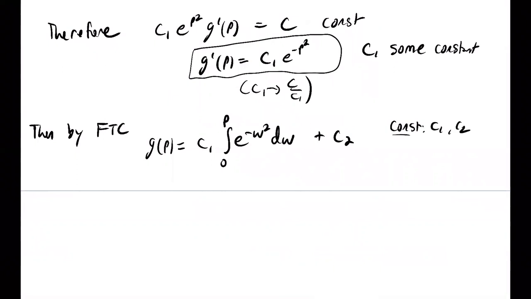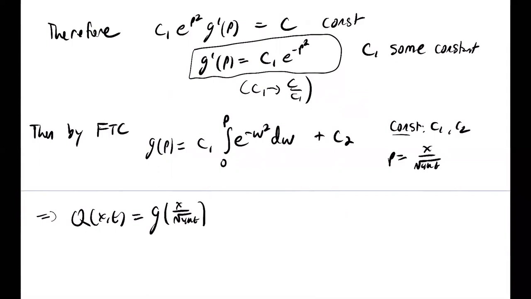And so at this point, let's remember what p should be. p should be x divided by the square root of 4kt. And so if I plug this in, this tells me that q of x comma t, which is the function we were looking for, we said this was g evaluated at x over the square root of 4kt.